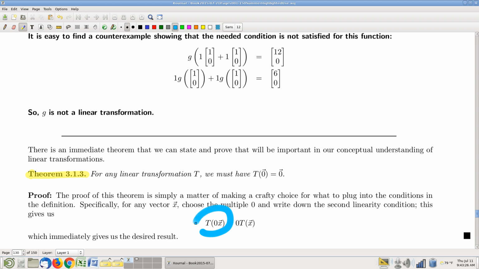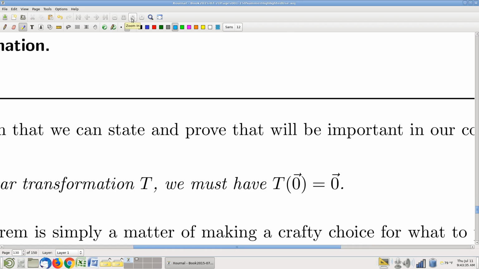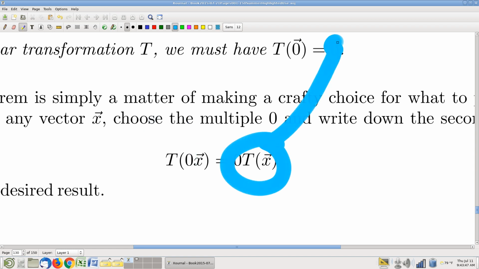Let's consider, just because we feel like it, what is T of 0 times x? Here, let me zoom for focus. What is T of 0 times x? Well, this 0, being as it is a scalar, factors out, and so my result must be 0 times T of x. Well, the thing is, that is definitely the 0 vector. Doesn't even matter what x is. Right?